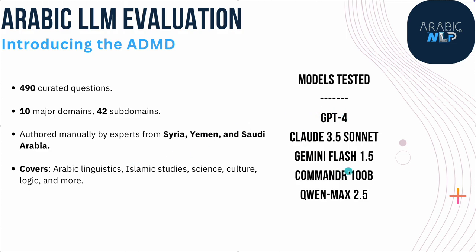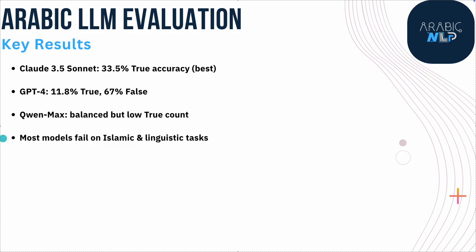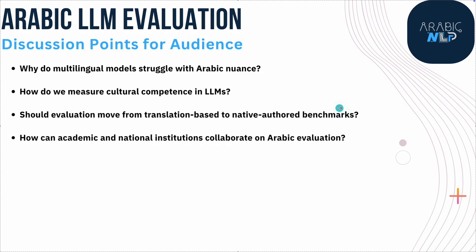Then we selected some models to test the new benchmark on, and we have some key results. Each model's output was manually reviewed by human evaluators, because what we have found is that LLM as a judge was unreliable for non-English tests. This makes the results more trustworthy, and this is what we wanted to report in the paper.